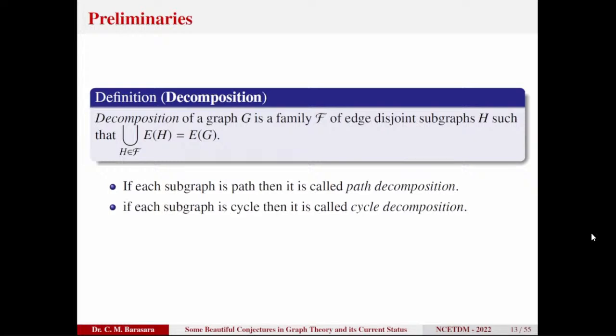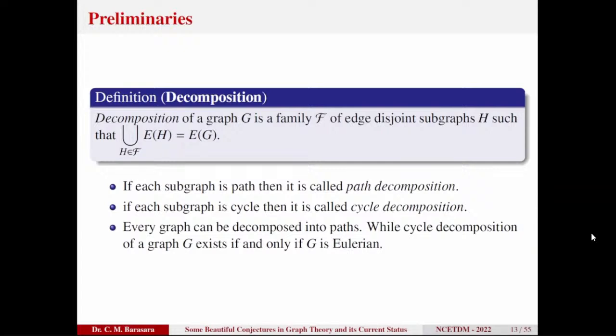Similarly, when we replace subgraphs by cycles, it is known as a cycle decomposition. Every graph can be decomposed into paths, while for cycle decomposition, a graph G must be Eulerian. And it is if and only if: Eulerian graphs can be decomposed into cycles.